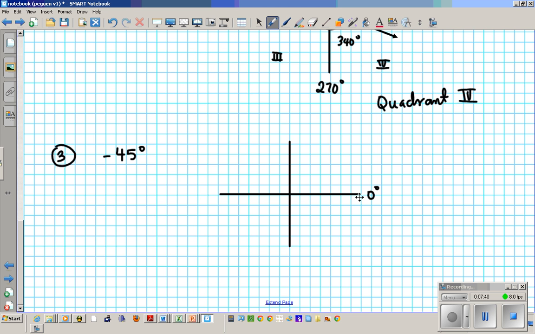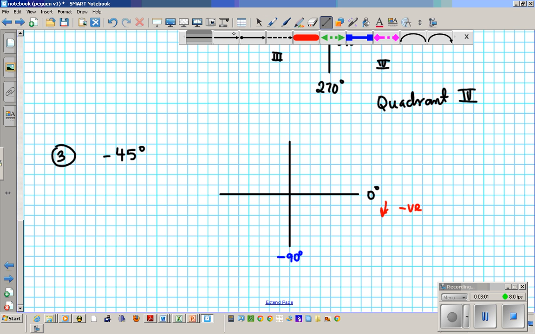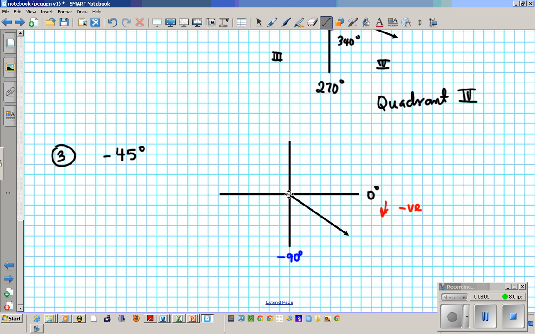Since the angle is negative, remember, downward rotation, also known as clockwise rotation, is negative. Interesting, our clock is going in the negative direction. So basically going down in the direction of the clock is negative, so we're going to go down. This is negative 90. Keep on going? Oh no, we already went too far, so we're going to stop. And 45 degrees is going to be right in the center, right here.